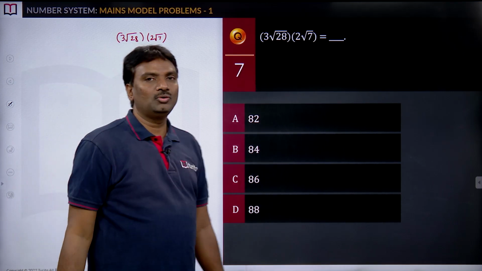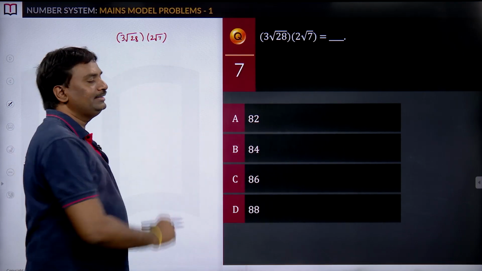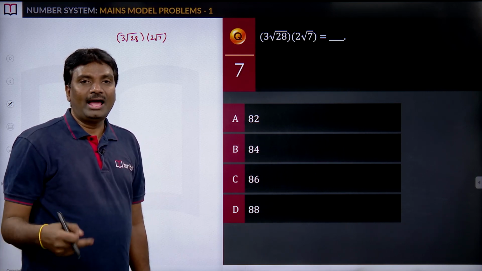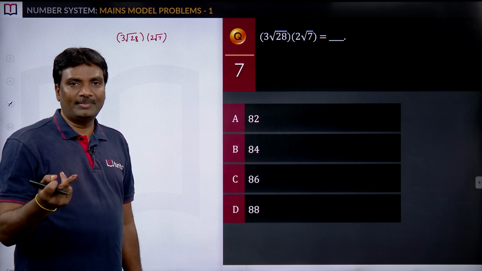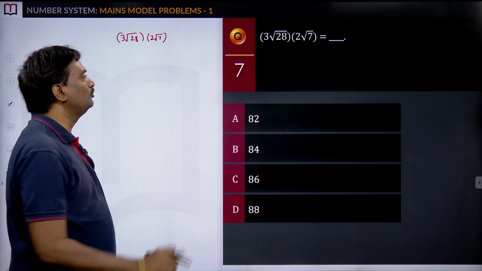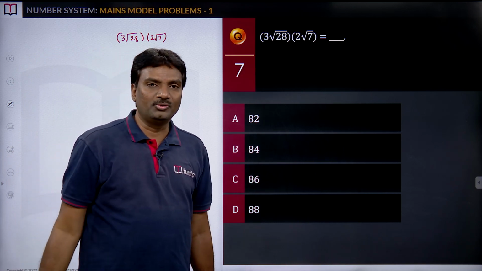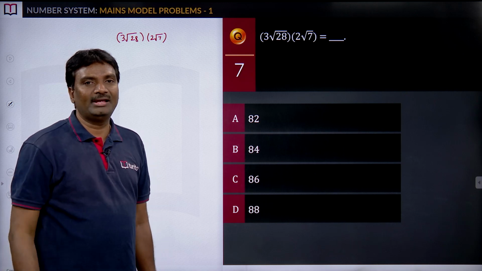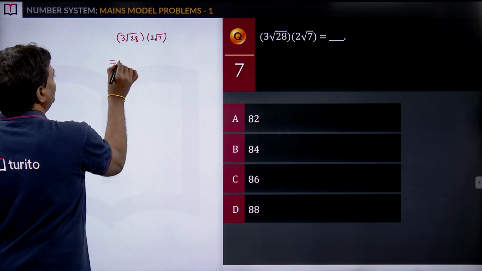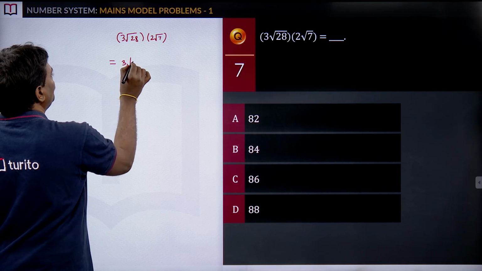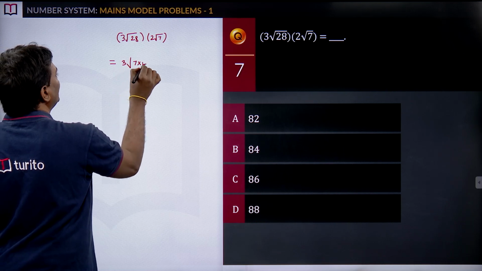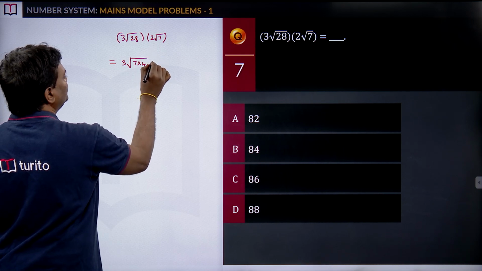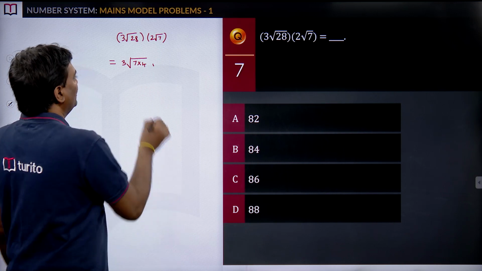Here 28 can be written as 7 into 4. Again we can write separately root 7 into root 4. Root 7 is root 7 only, root 4 can be written as 2. So, from this you will get 3 into square root of 28, that is 7 into 4, into 2 root 7.